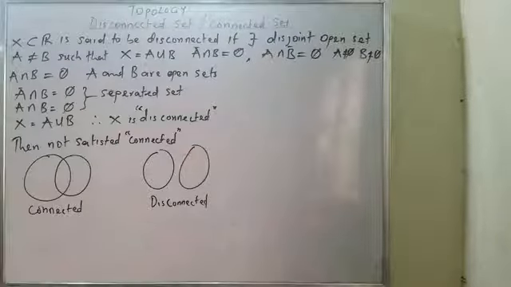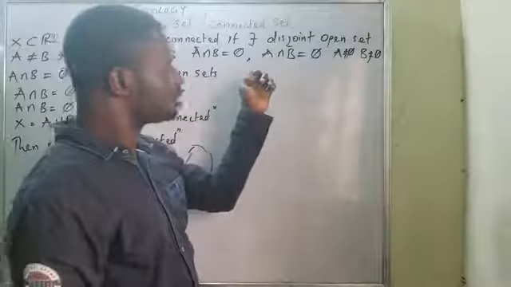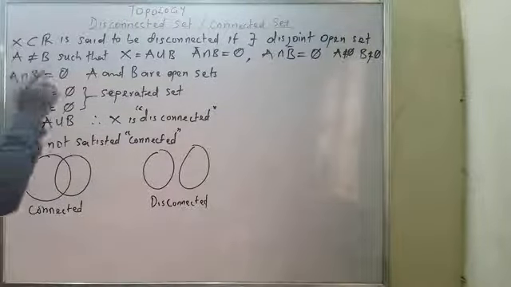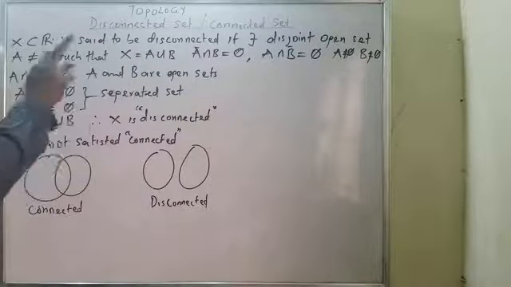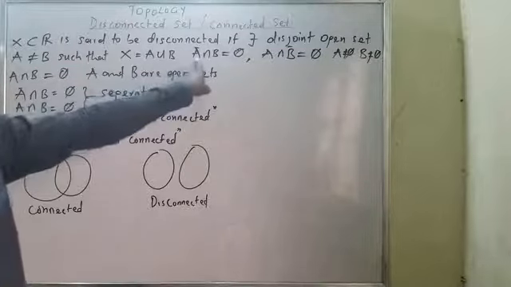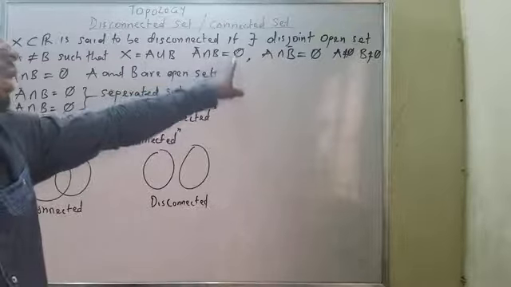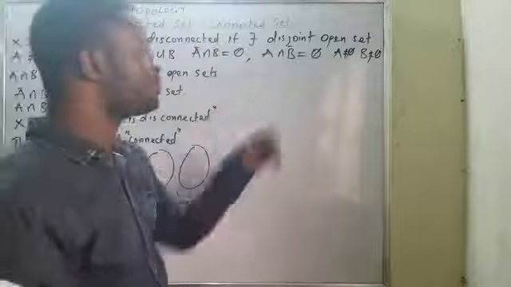Look at this definition. S is a subset of the real numbers. It's said to be disconnected if there exist disjoint sets A and B, not equal to empty, such that S equals A union B, where the closure of A intersection B is empty and A intersection the closure of B is empty.